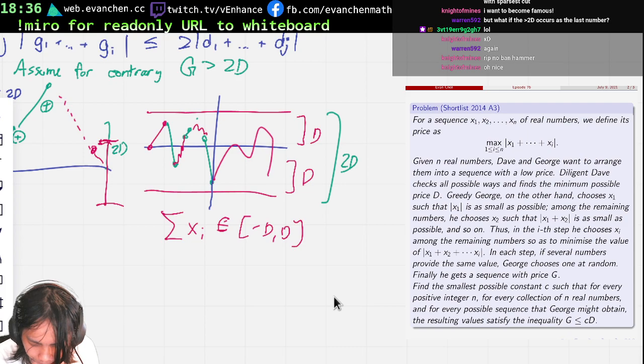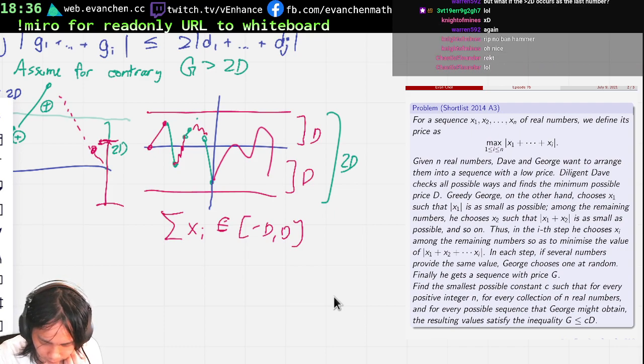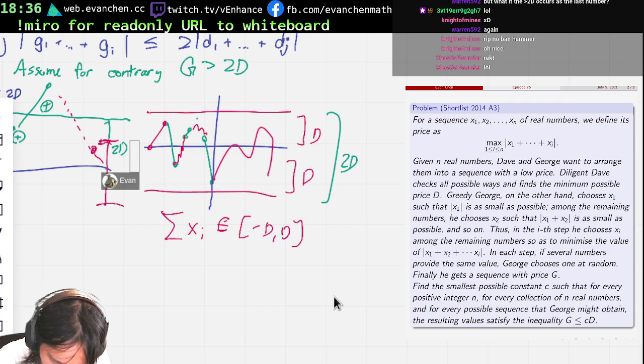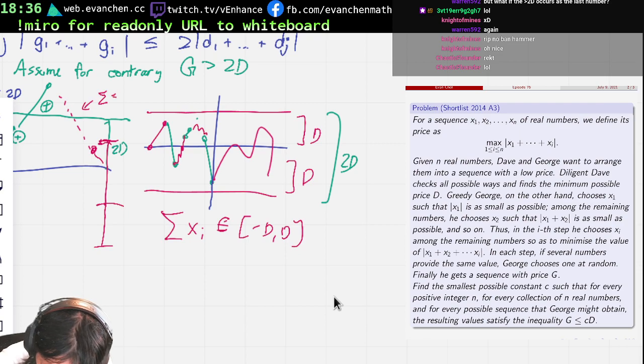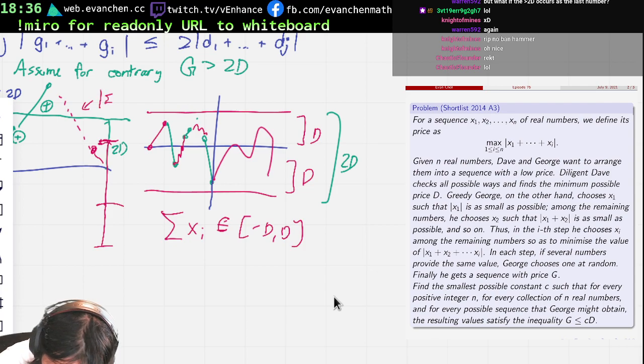Okay, anyways, yeah, there's some things that go down. So the sum of these is more than... The absolute value of these is strictly less than 2D.